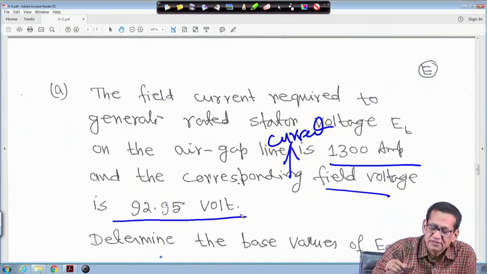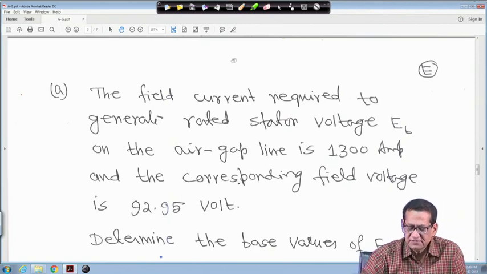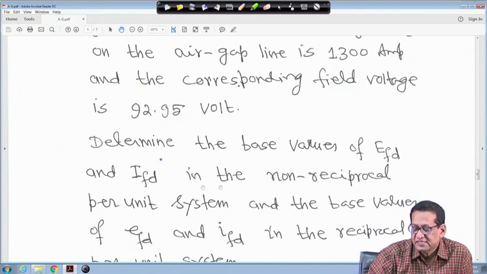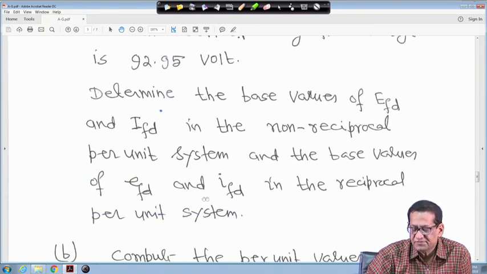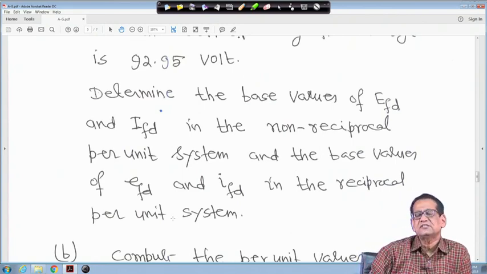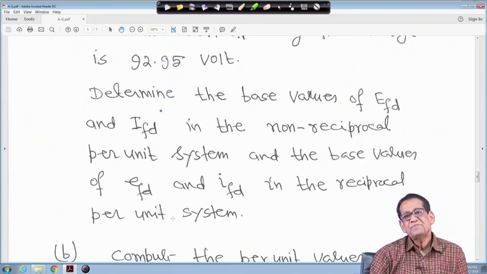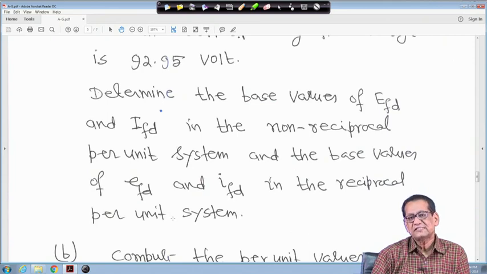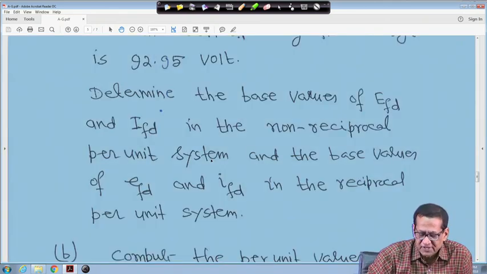So, what you have to determine is the base value of EFD and IFD in the non-reciprocal per unit system and the base value of EFD and IFD in the reciprocal per unit system. The reciprocal and non-reciprocal per unit systems were derived in detail in the beginning of the course. I thought we should try to solve this very simple example here.